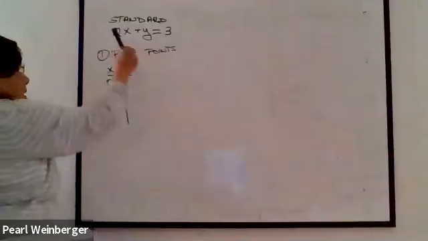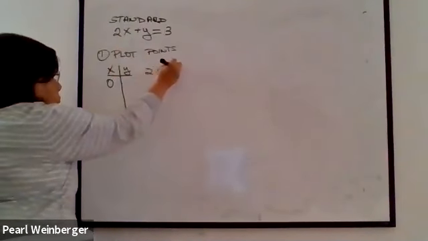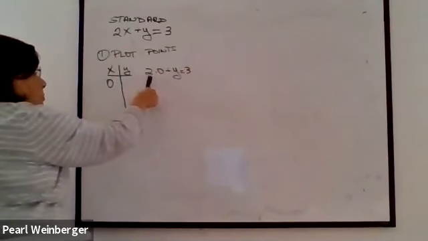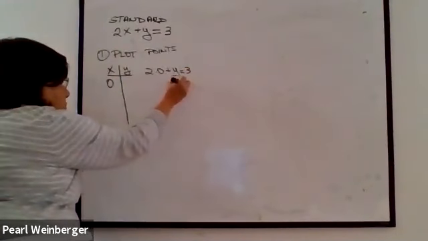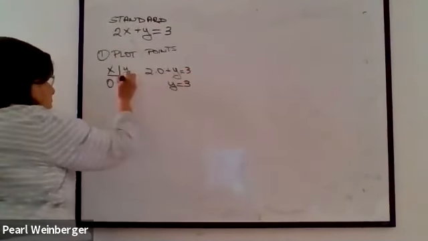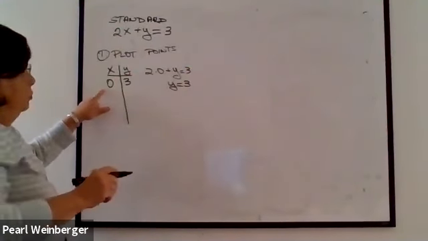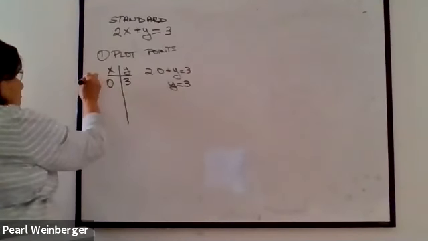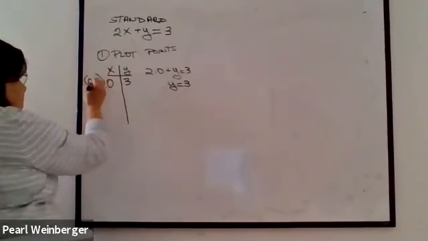If I do that, I'll get 2 times 0 plus y equals 3. And 2 times 0 is just 0, and 0 plus y is just y, so my y turns out to be 3. In other words, one of the points on this line is the point (0, 3).